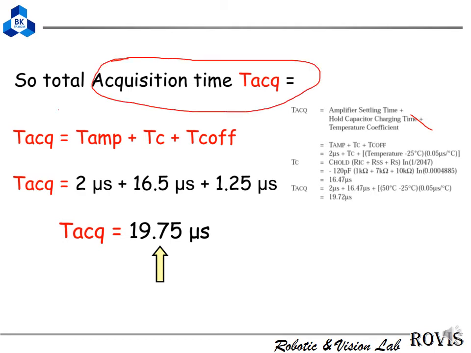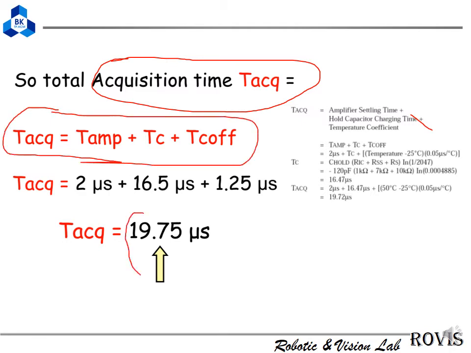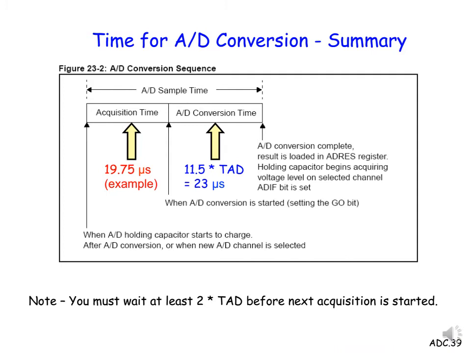The acquisition time is equal to this equation, and this will equal 19.75 microseconds. So the total time for one conversion, acquisition time plus conversion time, is the sum of these numbers, and then you have to wait at least 2 TAD before another acquisition and another conversion.